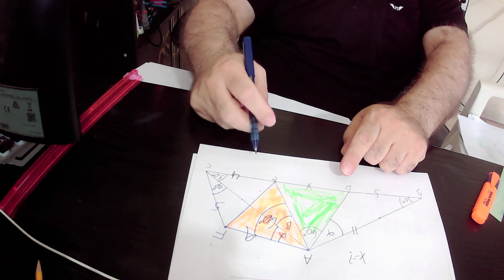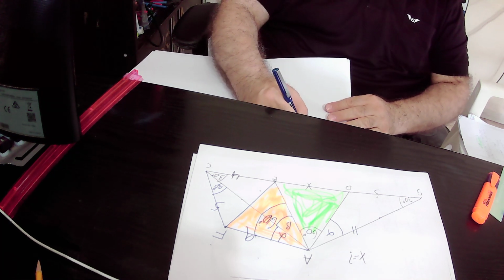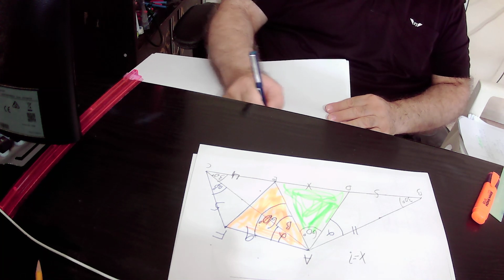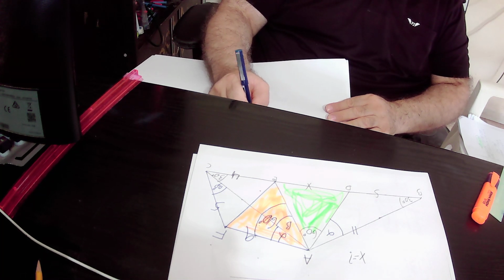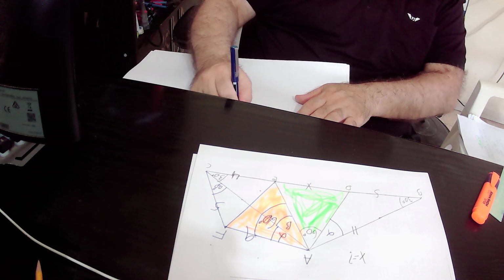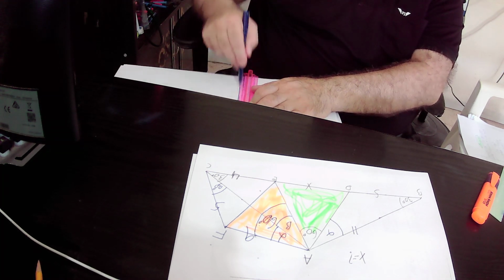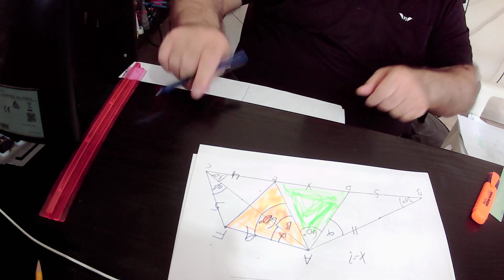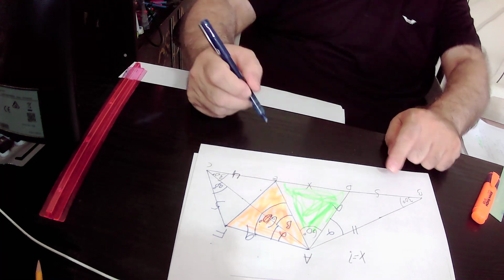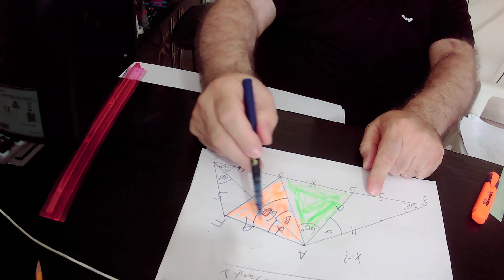So why is the green triangle congruent to the orange triangle? First of all, side AD equals A. We just found out that side AD equals side AF.